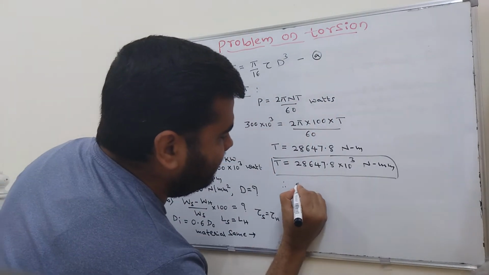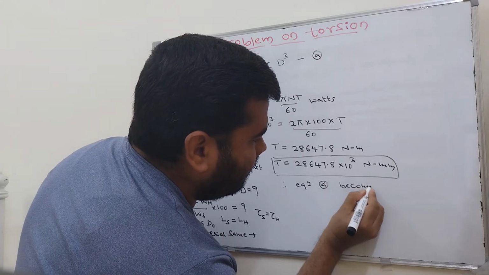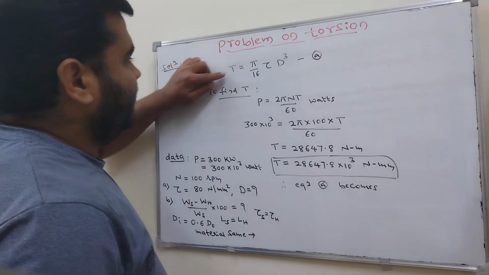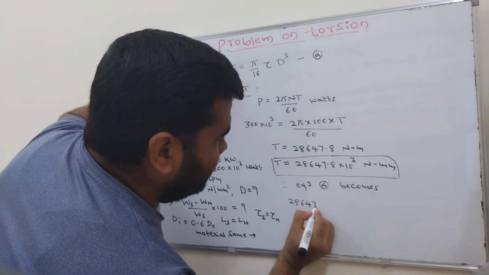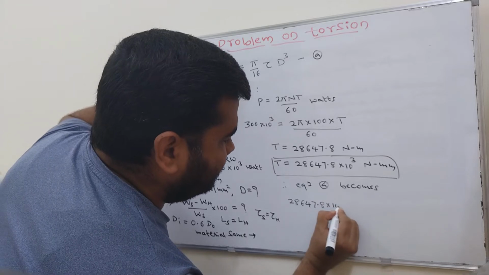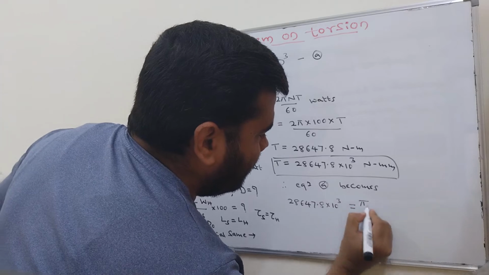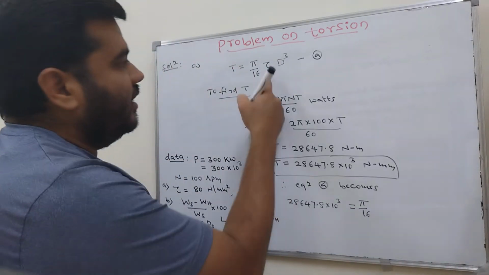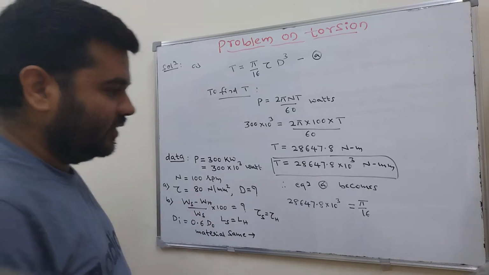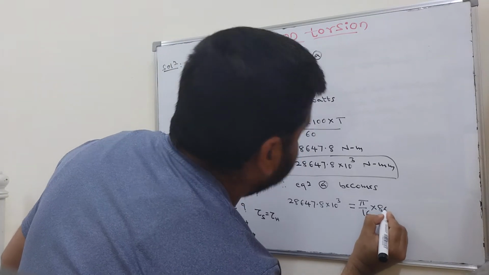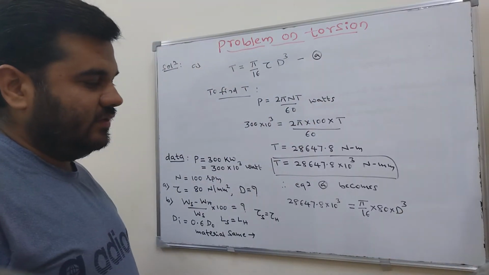Therefore equation A becomes: we know the torque, so substitute here. 28647.8 into 10 raised to 3 equals pi by 16 into tau, the maximum shear stress developed, which is 80 here, into d cubed.